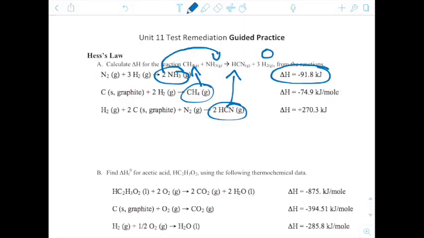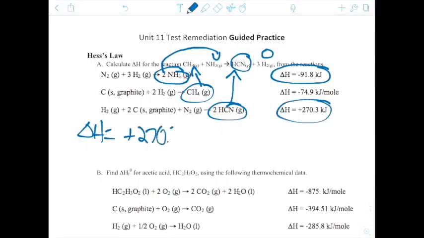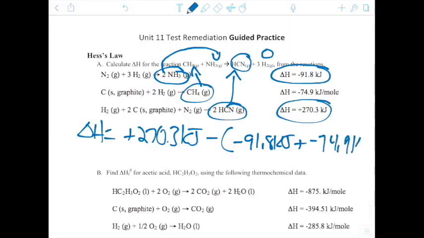So to use Hess's law, it's just products minus reactants. So our delta H is going to equal our products, which in this case is just our hydrocyanic acid, which has a positive 270.3 kilojoules of energy, minus our reactants: ammonia, which is negative 91.8 kilojoules, plus our other reactant, methane, which is negative 74.9 kilojoules.